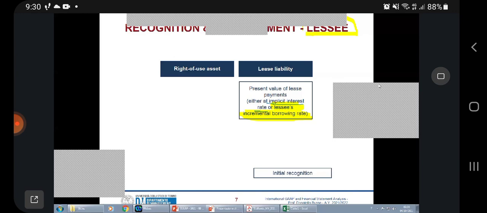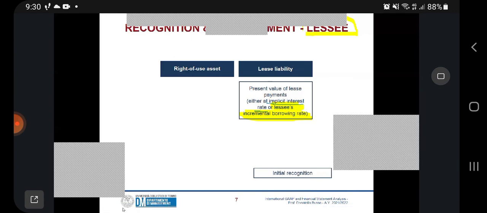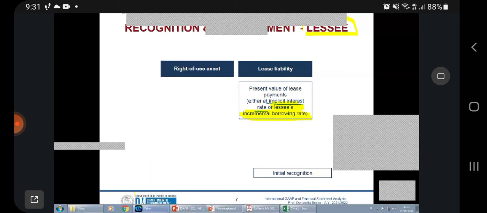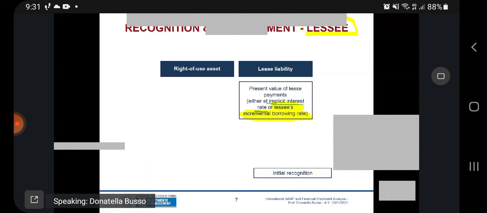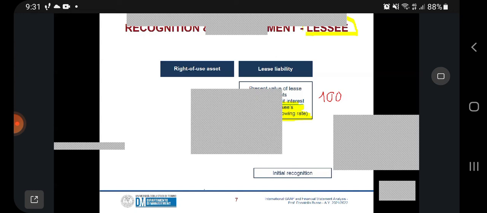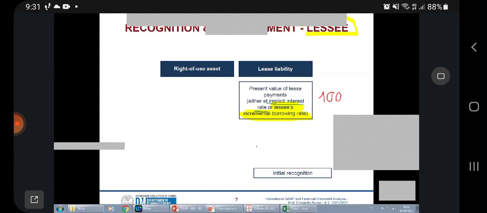Okay, now, suppose that we have computed the present value, and suppose that the present value of the lease liability is 100. So the present value of the future installments, lease payments, is 100. So 100 is the initial amount of the lease liability. What about the debit side?